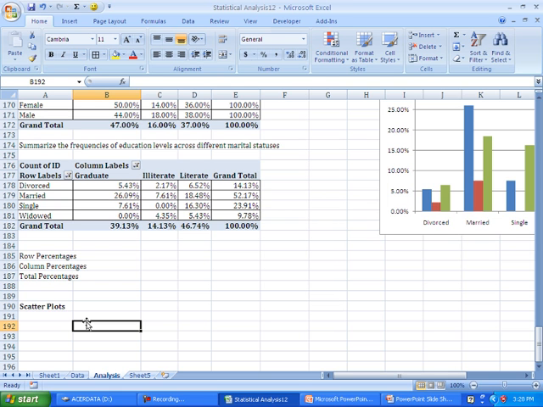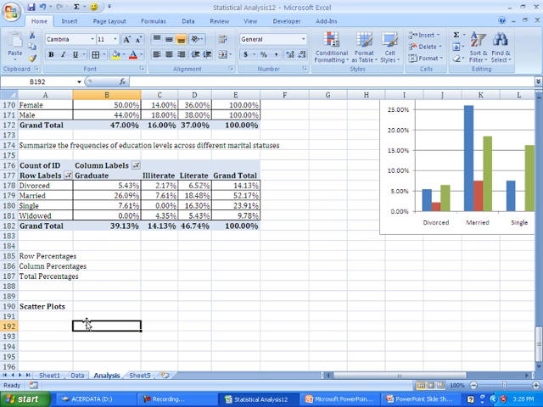The two variables which I am considering are more of categorical in nature, either both of them being nominal or ordinal, or one of them being nominal and one of them being ordinal. So as long as both variables are categorical in nature, we can very well use the contingency table as well as the side by side kind of charts.